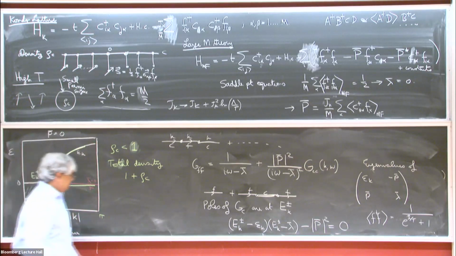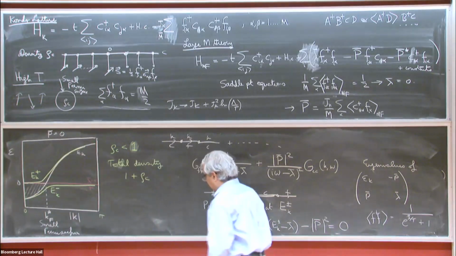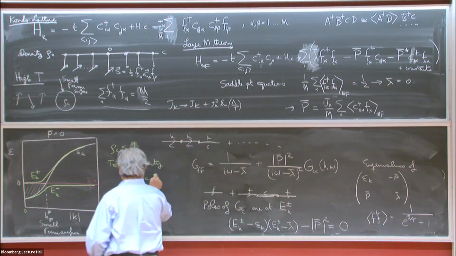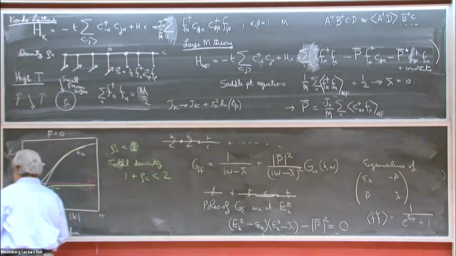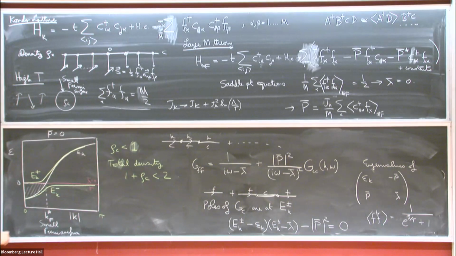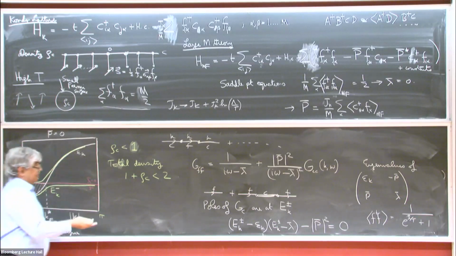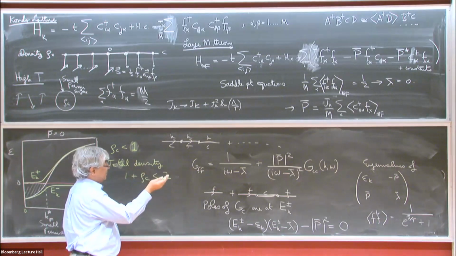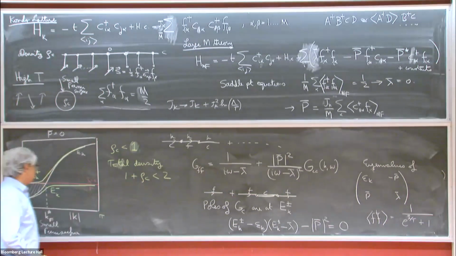So rho_c is less than 1, so 1 plus rho_c is less than 2. This means I can save the day by just filling E_k minus. I don't need to fill E_k plus. I have enough states on this band to satisfy the constraint on the density of the C electrons and the density of the F electrons.